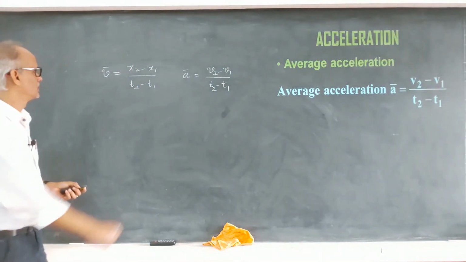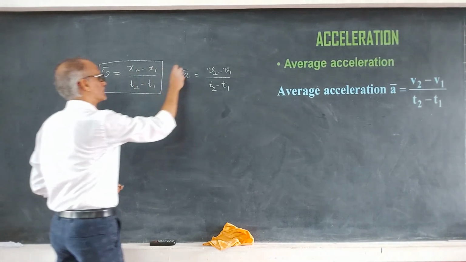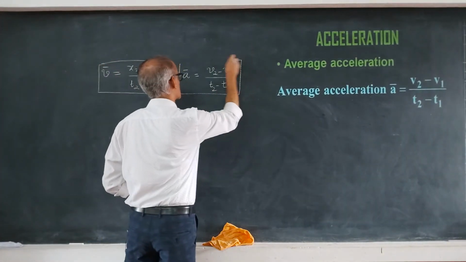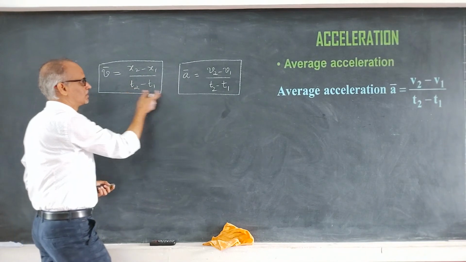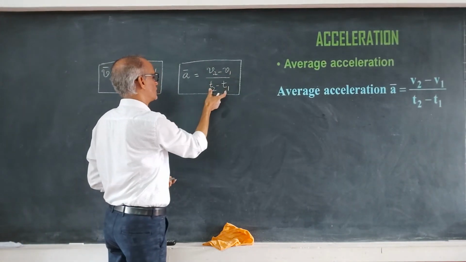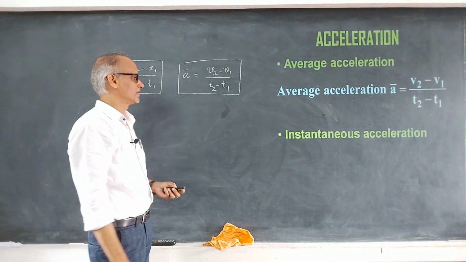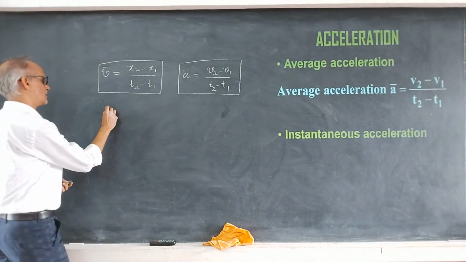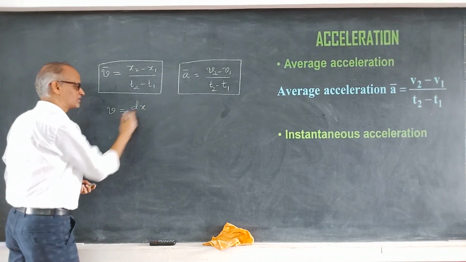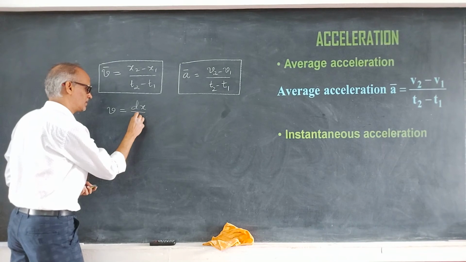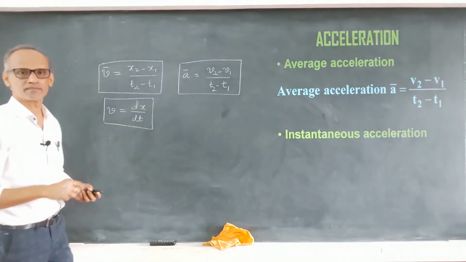Are you clear? So, this is average velocity, the total displacement to the total time taken. This is average acceleration, the total change in velocity to the total time taken for it. Next, we have instantaneous acceleration. How do you measure instantaneous velocity? A very small change in the distance or displacement to the time taken for it will give you the instantaneous velocity.